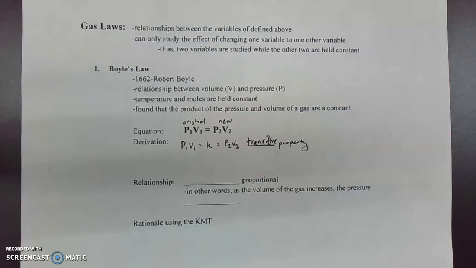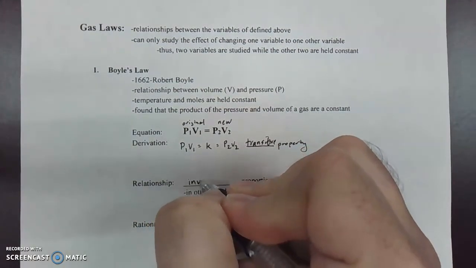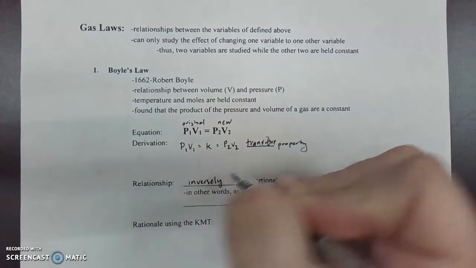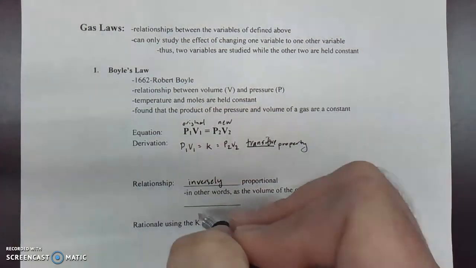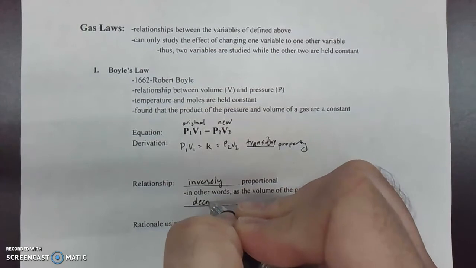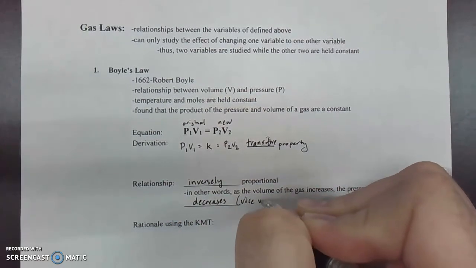So these are proportional to one another. So as one thing goes up and one thing goes down, that means that they are inversely proportional. So as the volume of a gas increases, the pressure decreases, and vice versa.